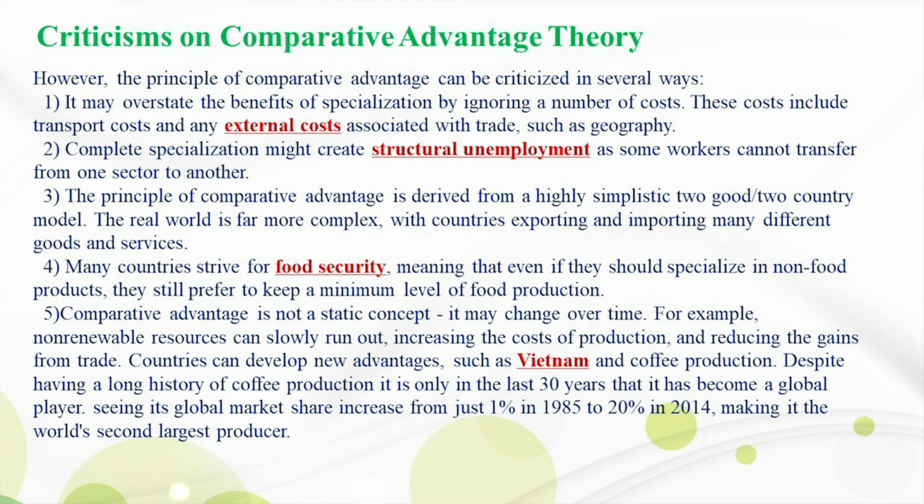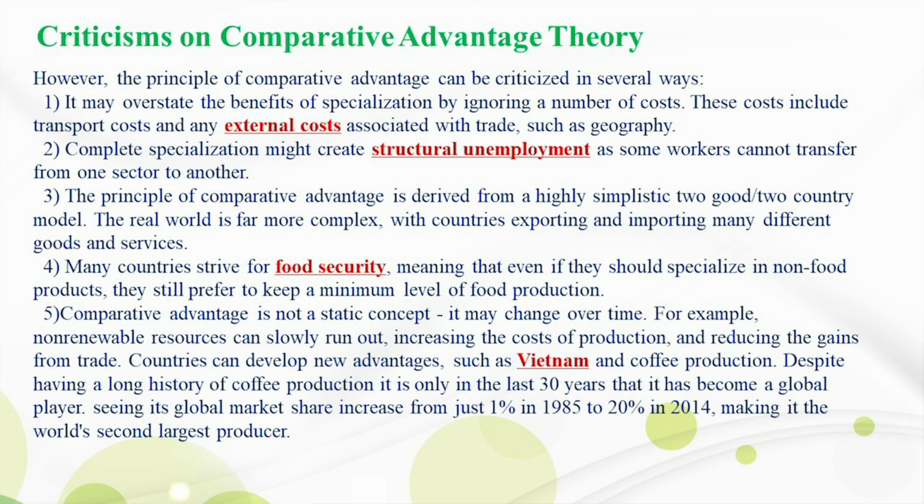However, the principle of comparative advantage can be criticized in several ways. First, it may overstate the benefits of specialization by ignoring a number of costs. These costs include transport costs and any external costs associated with trade, such as geography. 2. Complete specialization might create structural unemployment, as some workers cannot transfer from one sector to another. 3.